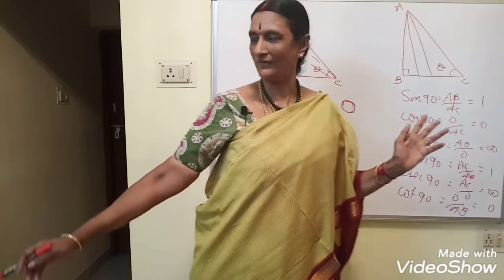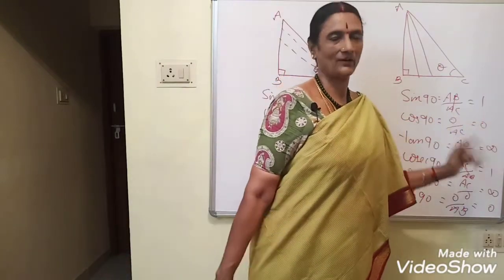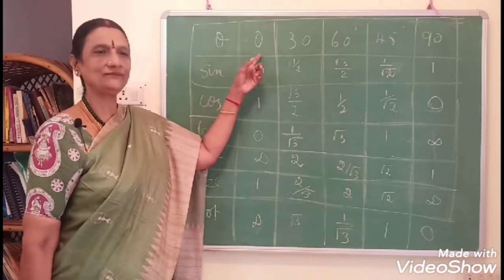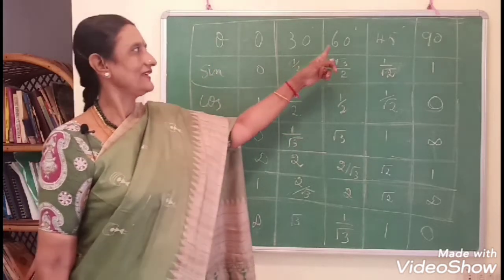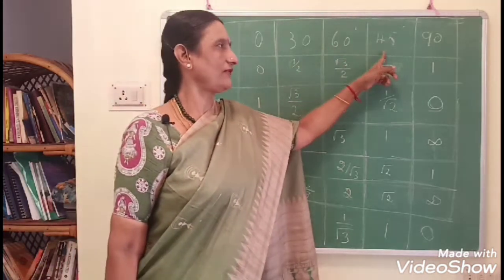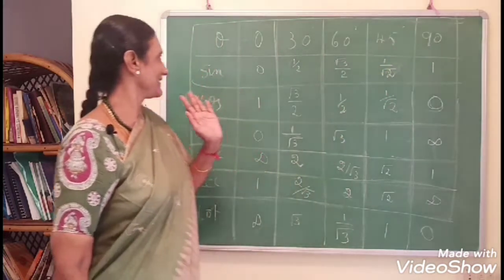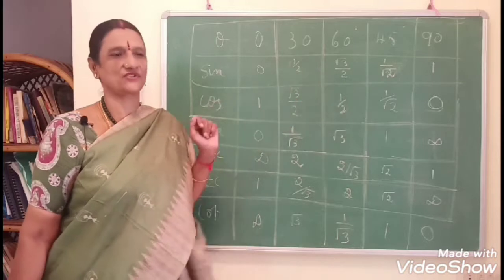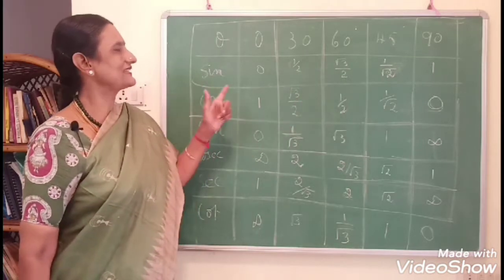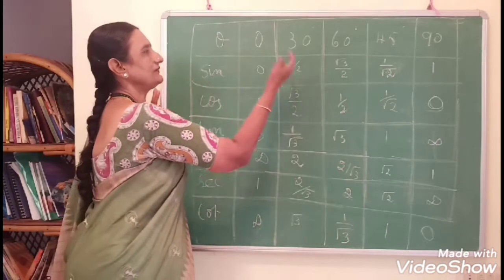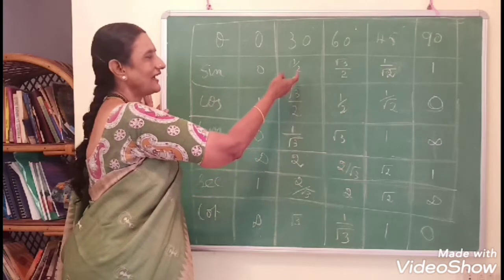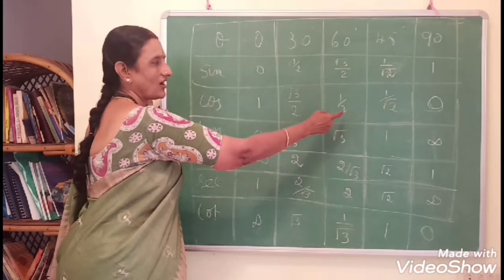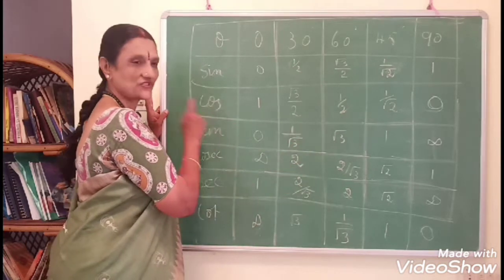Thank you, children. We will have the session now. Of the 0 angle, 30 degrees, 60 degrees, 45 degrees, 90 degrees. Now, first let us compare 30 and 60. Sine of 30, we have got it as half, and that is also equal to cos of 60.